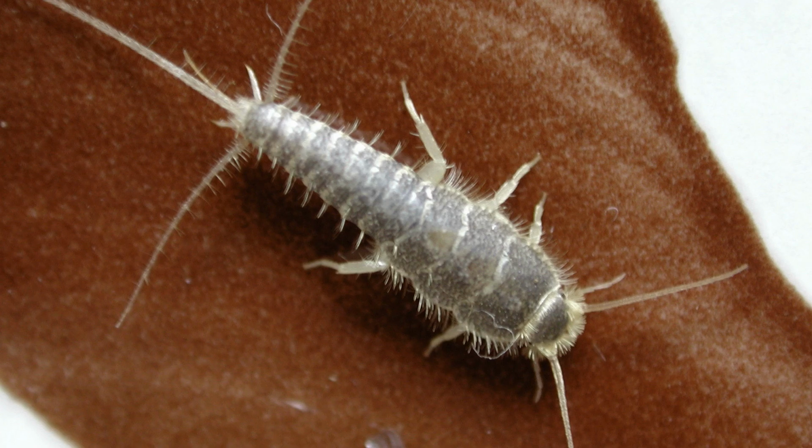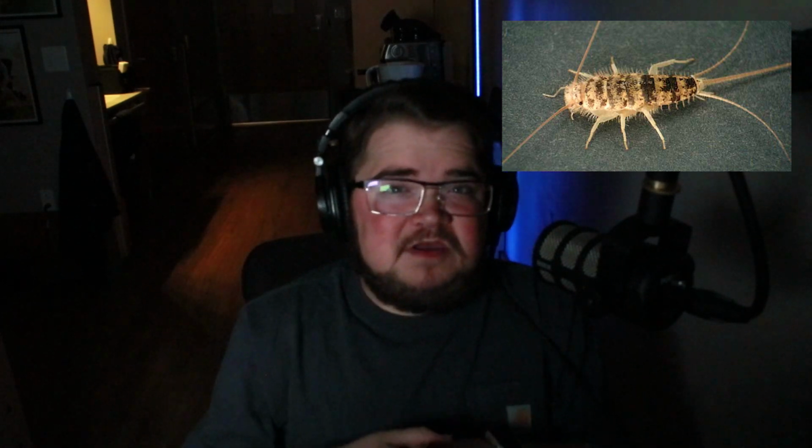Some interesting anatomy about the Zygentoma are their antennae. They have long thread-like antennae, which are similar to the Archaeognatha, but the Zygentoma also have three appendages coming off the end of the abdomen. This factor is very diagnostic of the silverfish. They've got three appendages, and they are all of equal length.